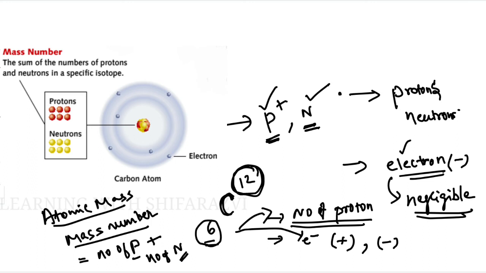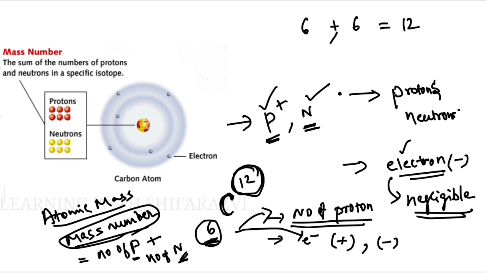So the number of protons plus the number of neutrons will attribute to the atomic mass. So there are 6 electrons, 6 protons, and if my mass is 12, which means the number of protons is 6 and the number of neutrons is also 6, which adds to give me 12.